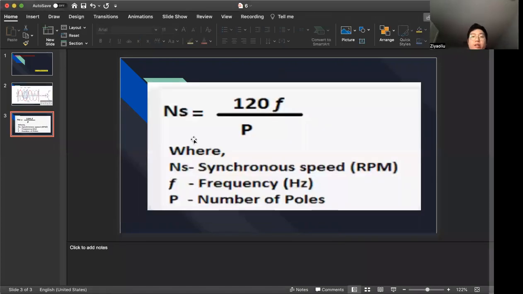So the second part is synchronous speed. So what is a synchronous speed? Look at that, guys. First of all, the result is, I will say, synchronous speed is the voltage source speed. For example, look at it here.